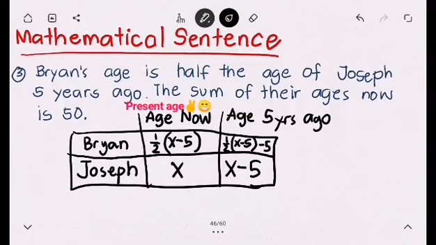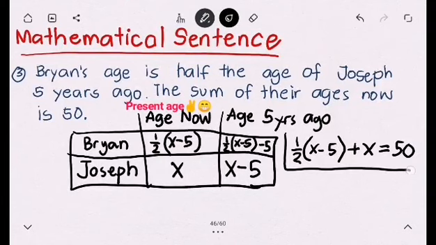So, ano magiging equation natin kung hanapin natin ay yung sum ng kanilang age ngayon? So, ang equation natin ay 1/2 times x minus 5. Ito yung edad ngayon ni Brian. Plus x is 50. Okay, so ito yung ating magiging equation.